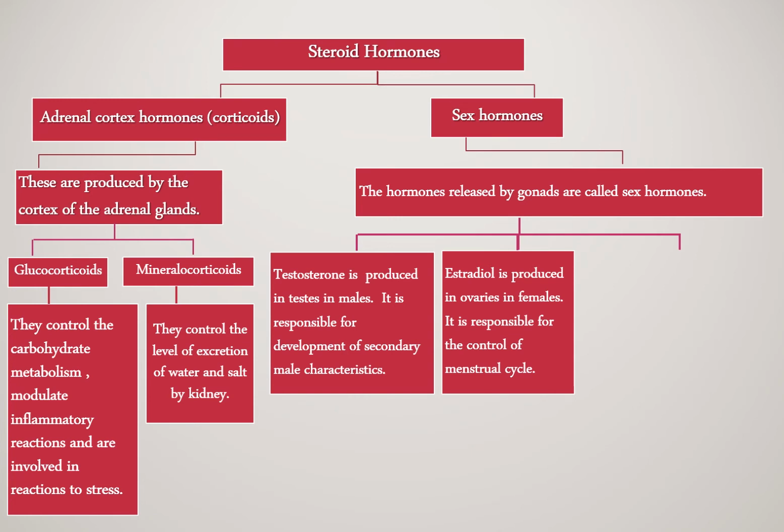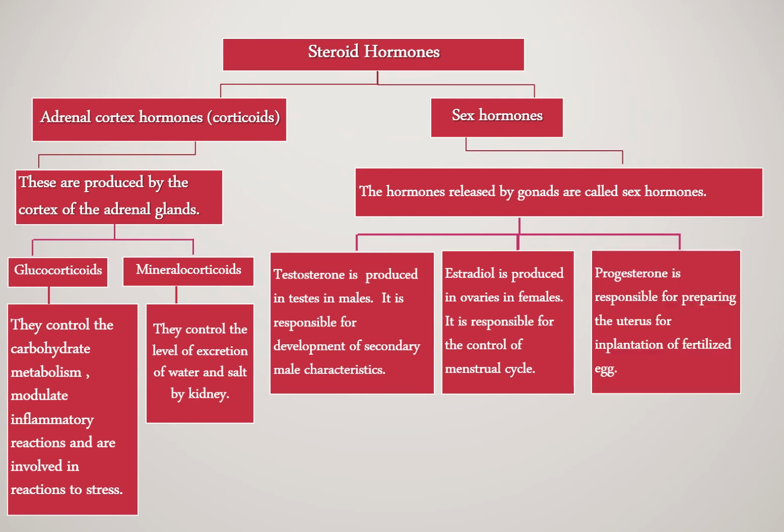Estradiol is produced in the ovaries of females and is responsible for control of the menstrual cycle. Progesterone is responsible for preparing the uterus for implantation of the fertilized egg. So these are some of the functions of our sex hormones and our adrenal cortex hormones, the corticoids.